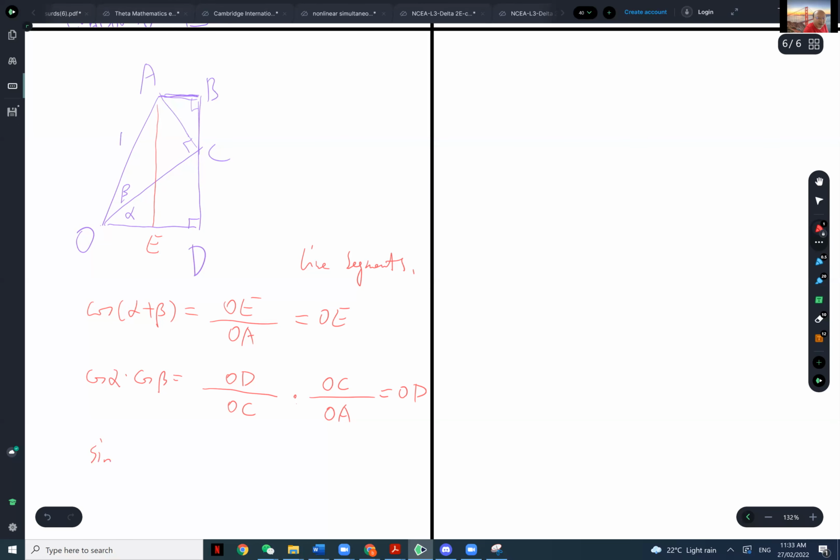What's sine alpha? Sine beta. We got a single line here, single line here, a piece of line segment. Okay, how about sine alpha times sine beta? Guys, sin alpha sin beta.